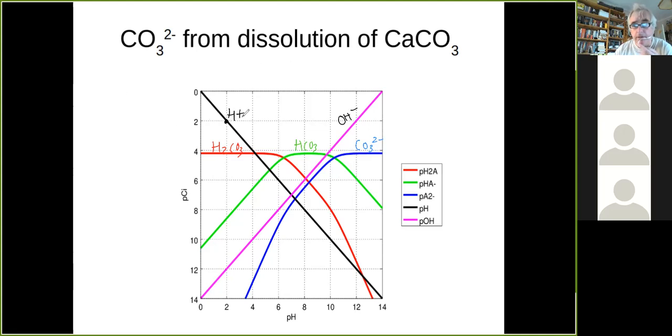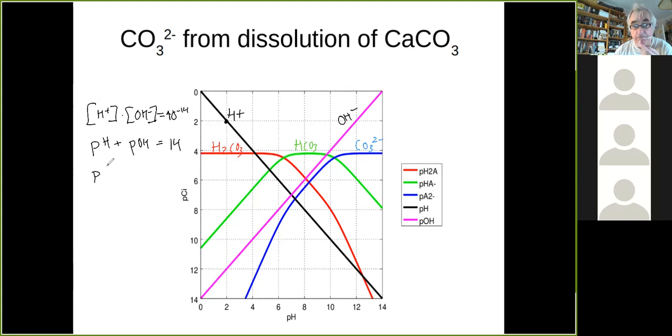What about the relation between H plus and OH minus? Do you know anything about the product of these two? I think it's always 10 to the power of -14. Exactly. And if you go to the logarithmic version, you can say that pH plus pOH should be 14.